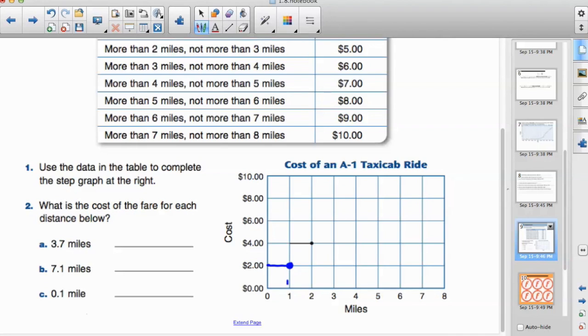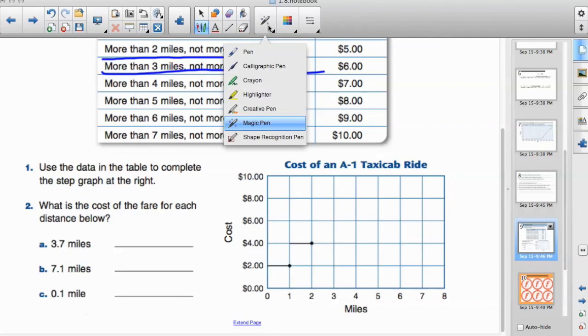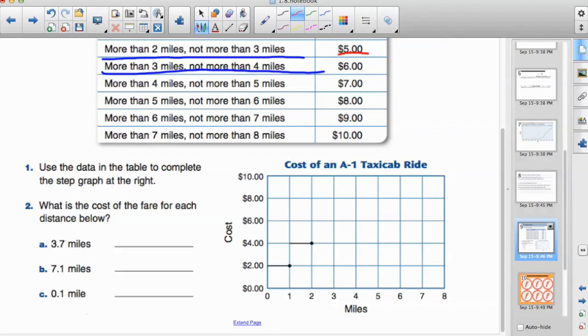And the second that you pass 1 mile, the price that you're going to have to pay is going to jump up to $4 until you get to 2 miles. All right? And when we go more than 2 miles, not more than 3, that's going to make us jump up to $5. So right when we pass 2 miles, we're going to have to make another jump.